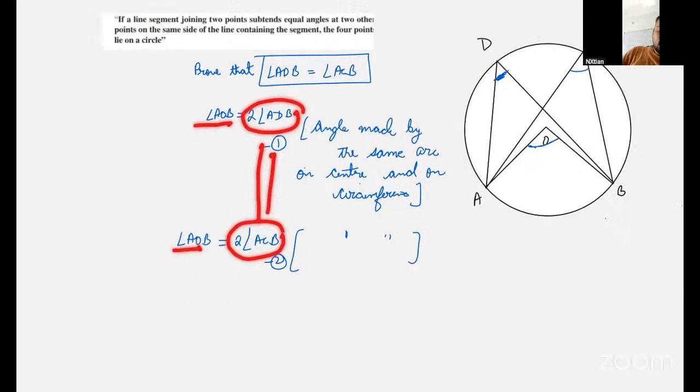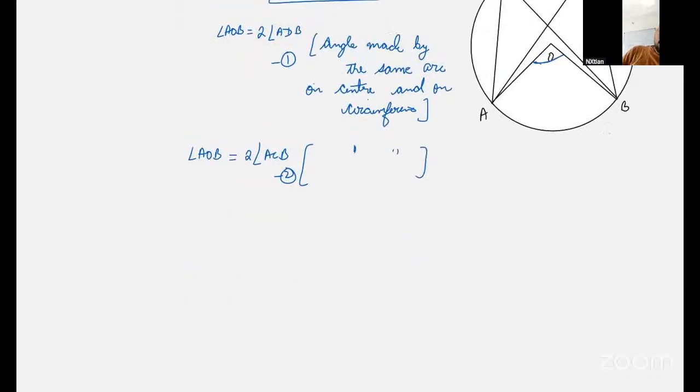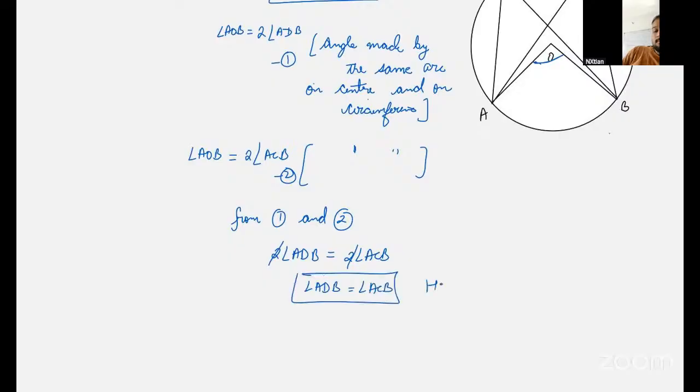So from first and second, twice of ADB is equal to twice of angle ACB. Now this 2 and this 2 will cancel. So it will remain angle ADB is equal to angle ACB. Hence proved.